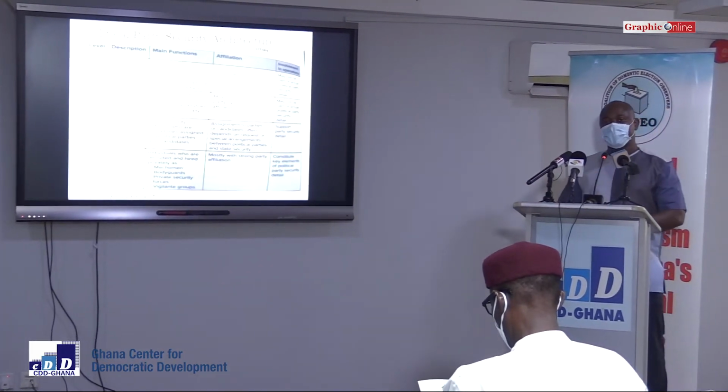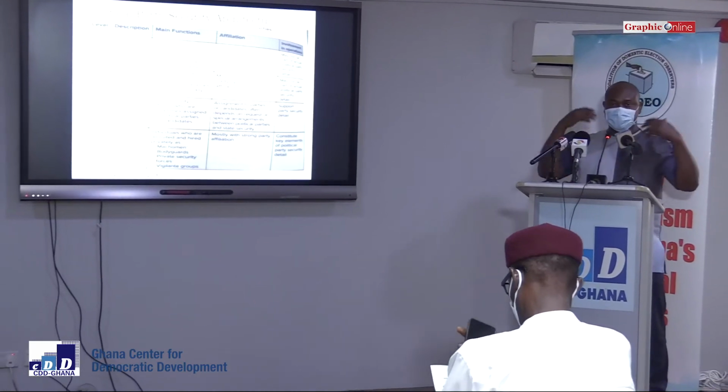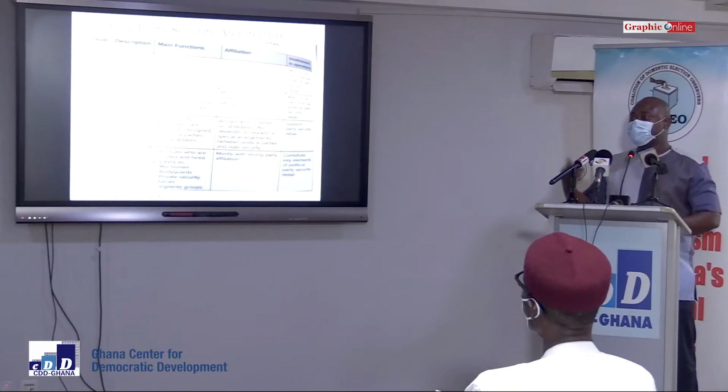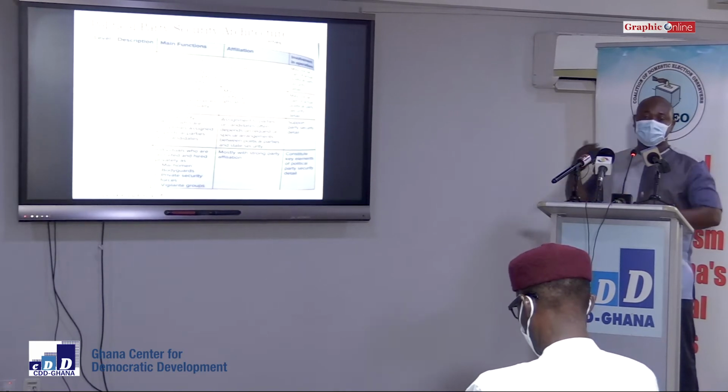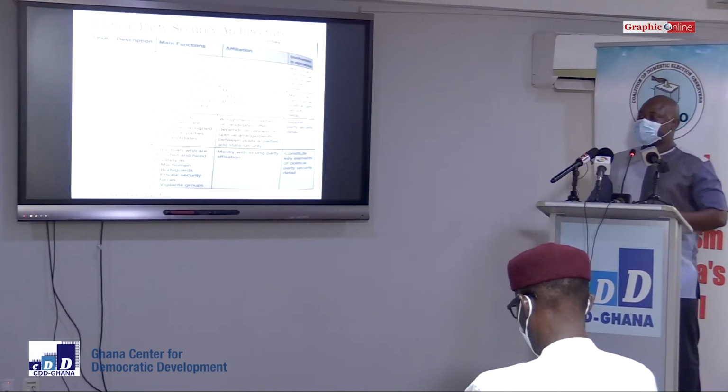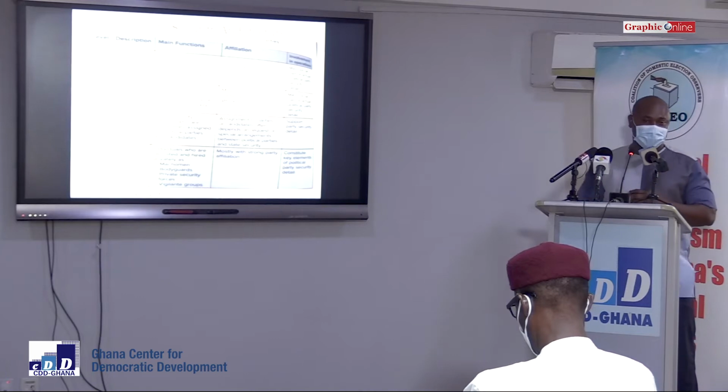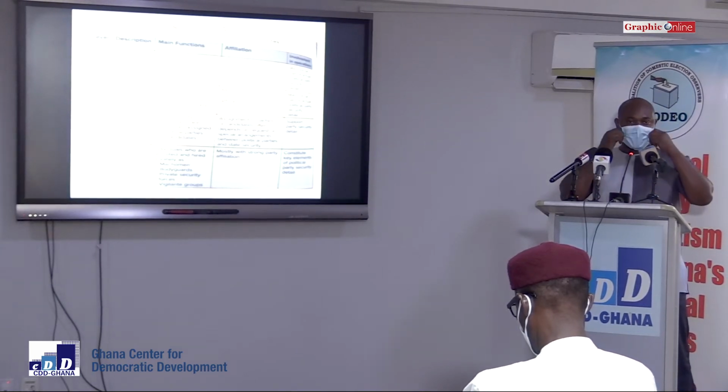And here you may have some of the retired security officers or couples who have also decided to join some of the political parties. They are retired, so they are no longer in service. And they provide advice to the political party. Sometimes they become part of the political party security committees.